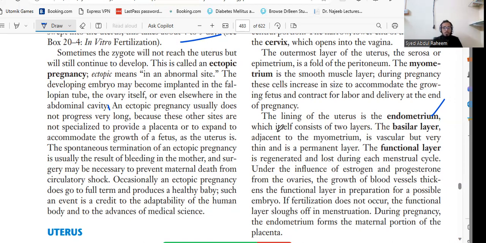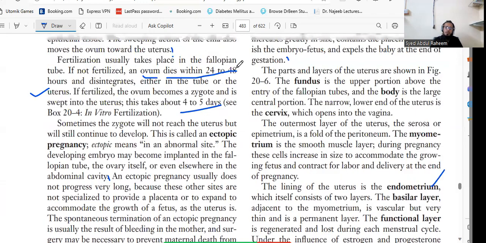So the endometrium does contraction to release the functional layer, and a small amount of blood also comes during this process. The ovum, along with the functional layer, comes out in this menstrual cycle.